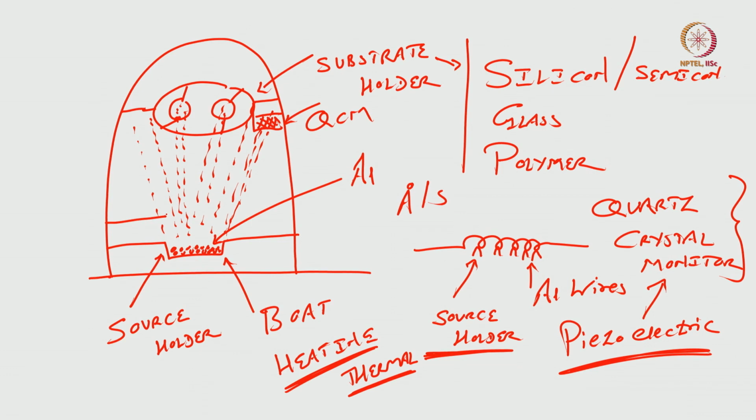Now, there is a shield. It is a metal shield, and this material cannot pass this metal sheet. This one is your shield.